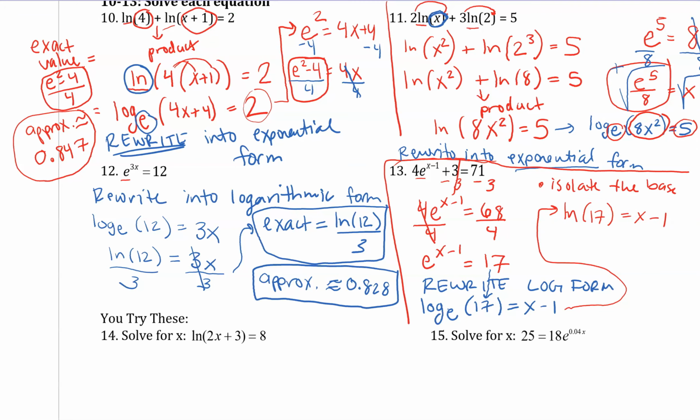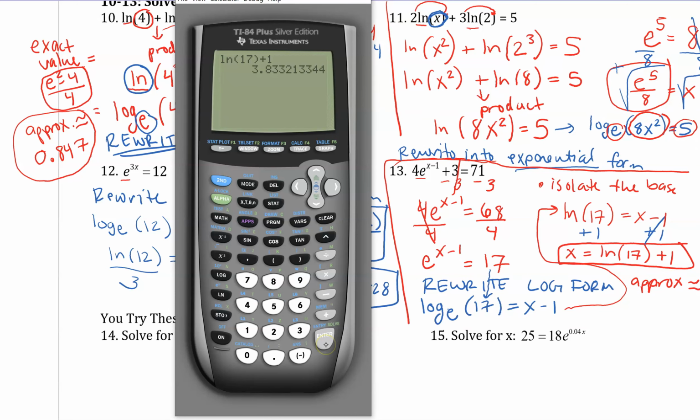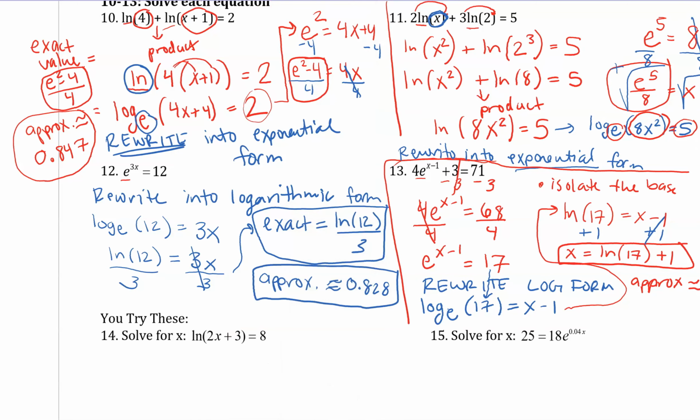So all I have to do at this part is add 1 to both sides. And then I get my exact answer, which is just the natural log of 17 and then plus 1. That's my exact answer. And then that answer is approximately equal to, if I round to 3 places, about 3.833.